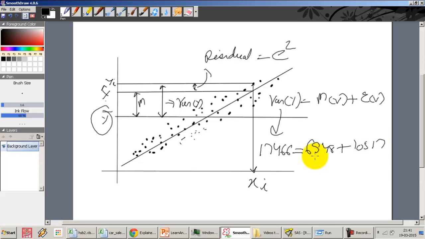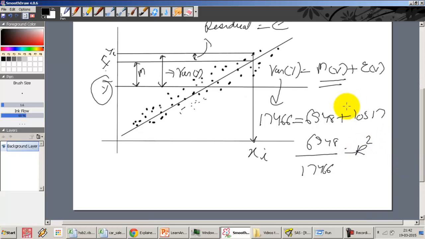So the R square is the variation explained by the model as a function of the total variance. If I take 6948 and divide by 17466, this will give me the R square of the model.